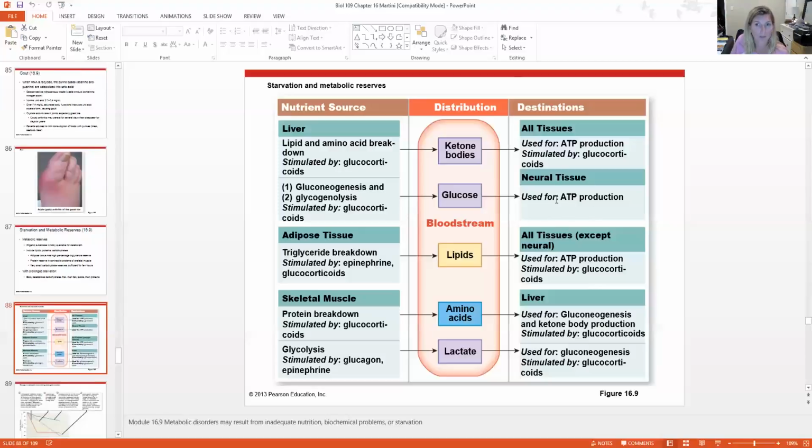Glucose is used for ATP production in the neural tissue. The adipose tissue is broken down into lipids, used for ATP. Skeletal muscles can break down proteins or do glycolysis to produce amino acids or lactate. Lactate is used for gluconeogenesis to make glucose, which is used for ATP. And amino acids are, again, used for gluconeogenesis.